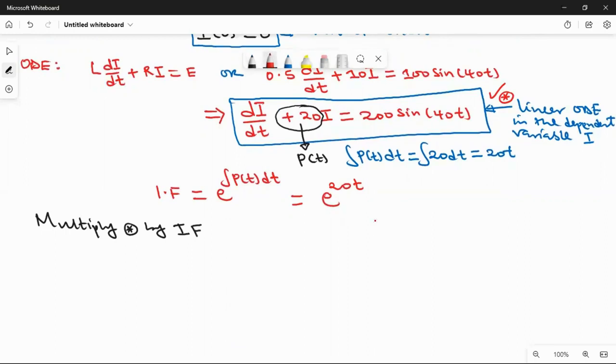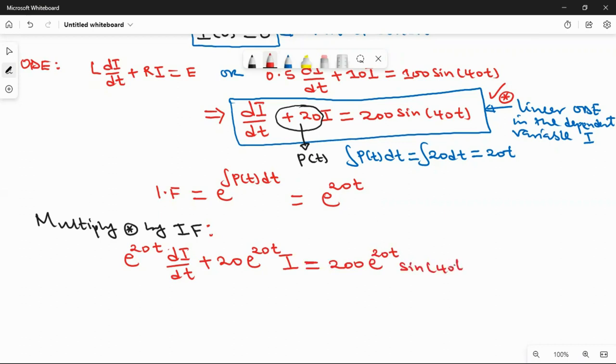What are we going to get? It will be exponential 20t times di dt plus 20 exponential 20t times I equals 200 exponential 20t times sine of 40t. So that's what we have.